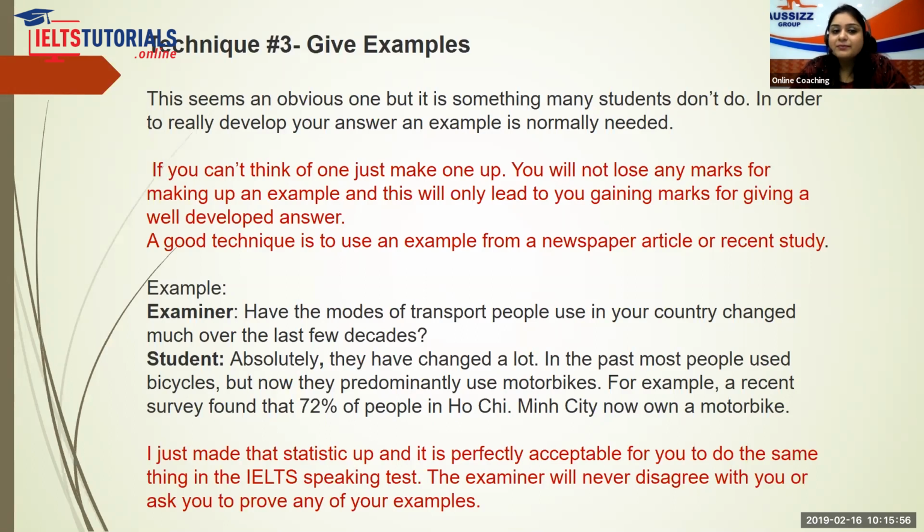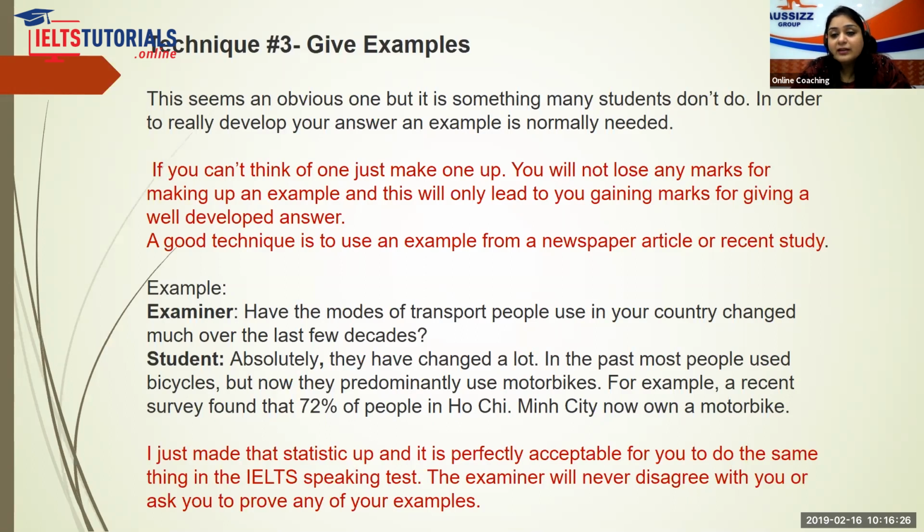Let's have an example. Have the modes of transport people use in your country changed much over the last few decades? Absolutely. They have changed a lot. In the past, people used bicycles, but now they predominantly use motorbikes. For example, a recent survey found that 72% of people in Ho Chi Minh City now own a motorbike. So now what I have done, I have concluded that absolutely they have changed a lot.